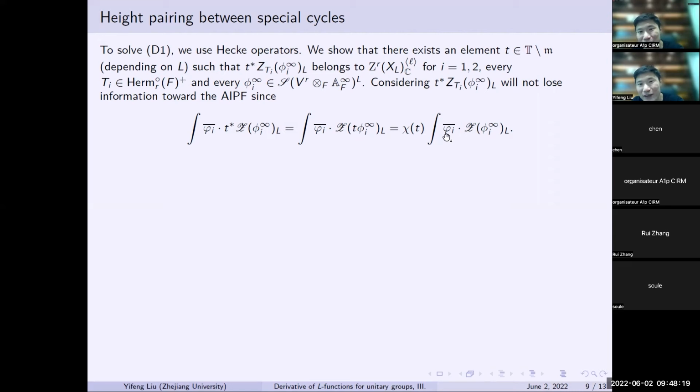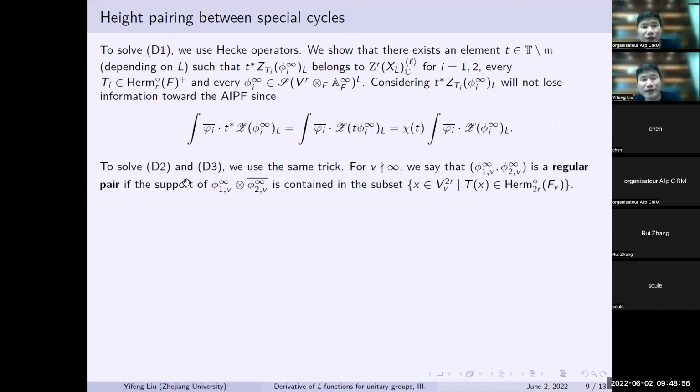When you move t to the φ_i side, the action is given by a character χ. And this χ(t) is not 0 because t is not in M, so χ(t) is an invertible complex number. In other words, when you twist this Z(T_i) by t, the result will only differ by an invertible complex number, so it will lose nothing toward the inner product formula. So you are perfectly allowed to do this, and doing this will solve D1.